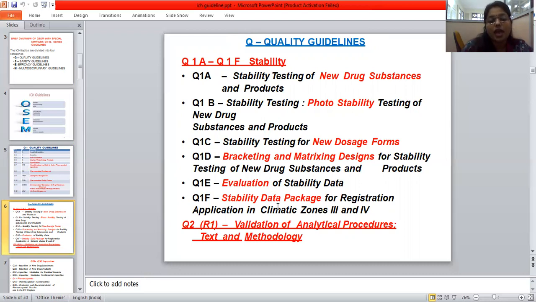These things we have in this stability data pack. So we have the Q1A to Q1F stability guidelines in this quality guideline.